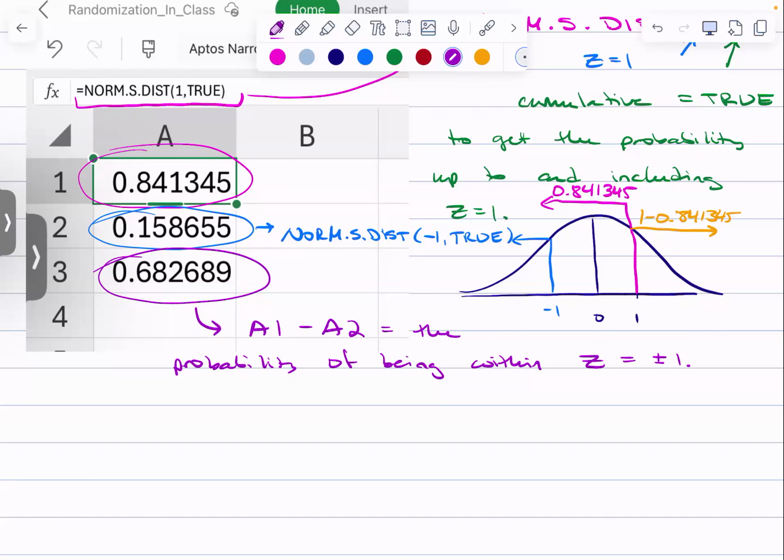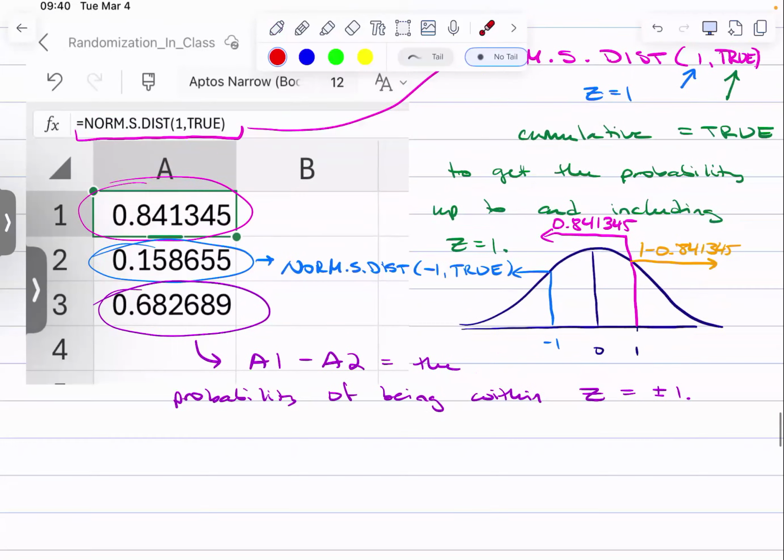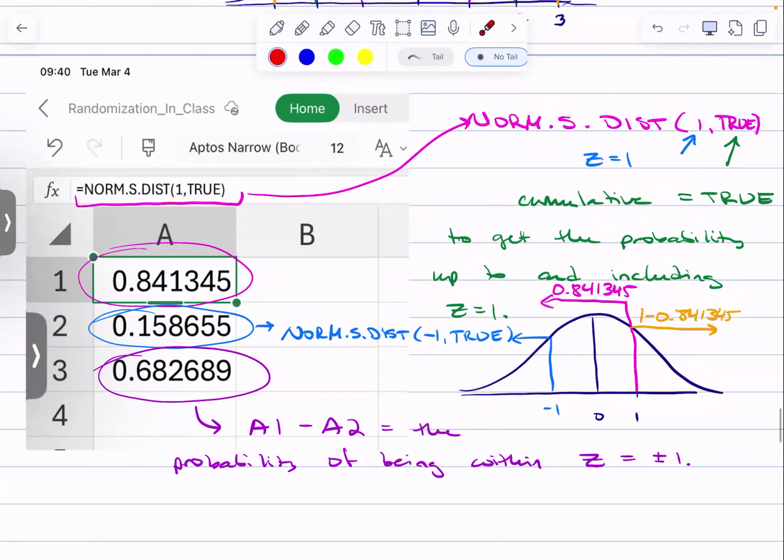And when you play around with your calculator, I'm pretty sure that it's going to want the normal CD, which is the cumulative distribution, okay, which is kind of referring to this up to and including this point. Okay. Let's see here.